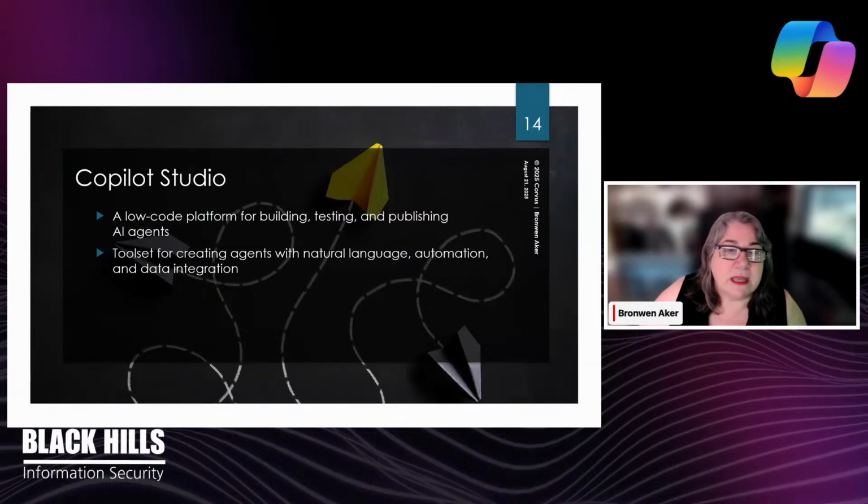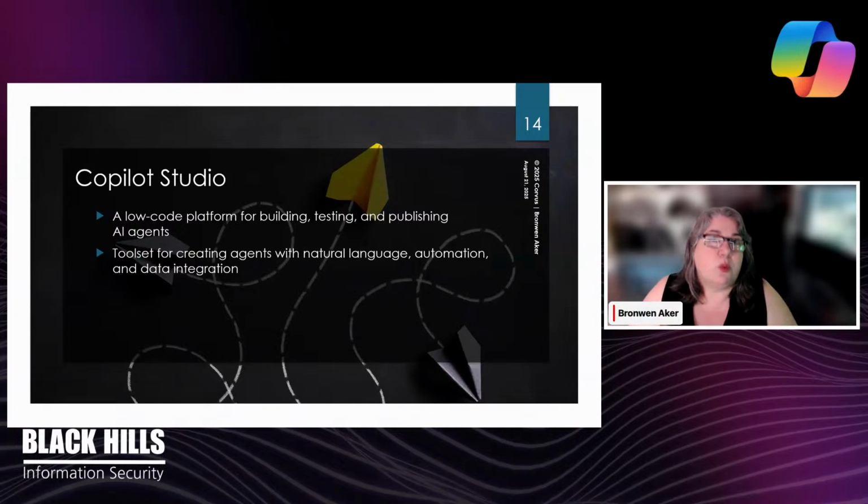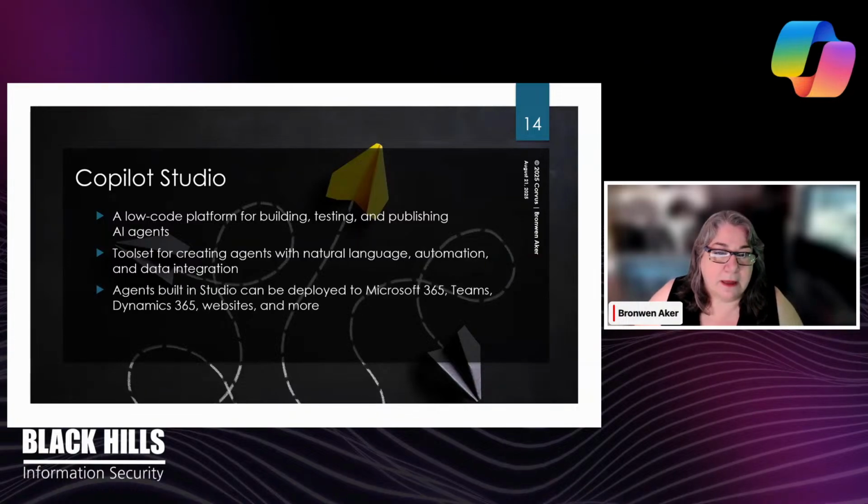The tool set for creating agents with natural language automation and integration is what Copilot Studio is about. And this is where it gets really entertaining. Agents built with Studio can be deployed all over the place. Teams. I have no idea what Dynamics 365 is, but I'm sure somebody does.